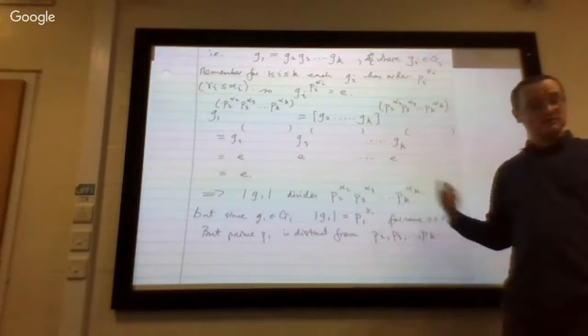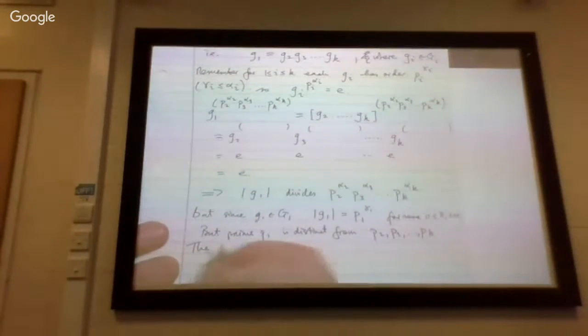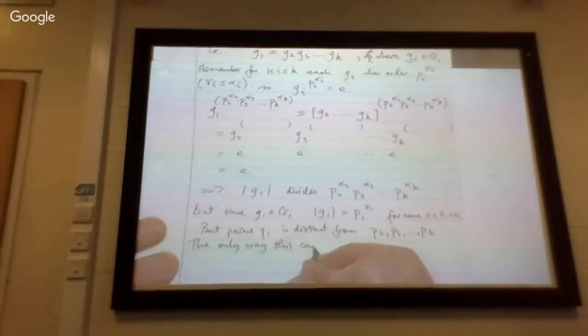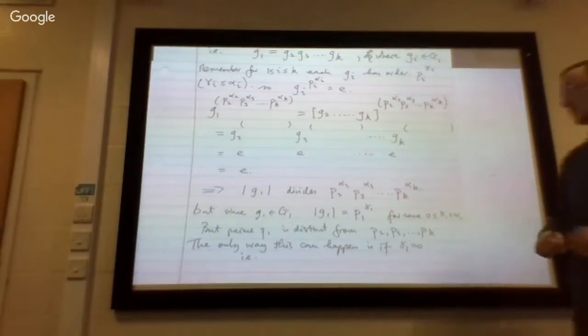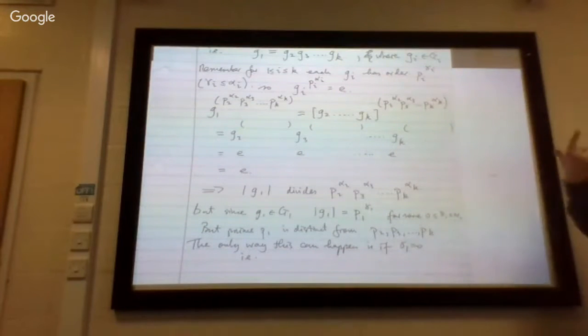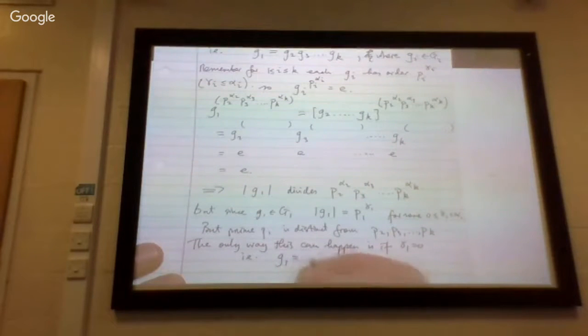This 1 divides everything. And the only element that has order 1 is the identity element. So G1 is equal to the identity, as the order of G1 is 1 in that case.